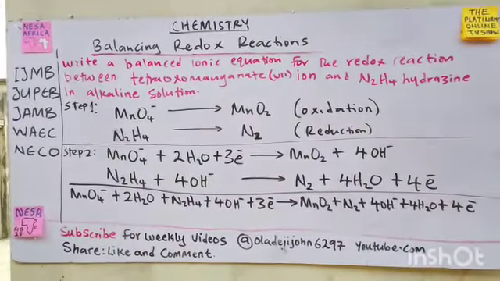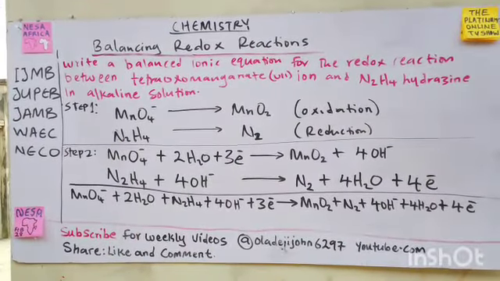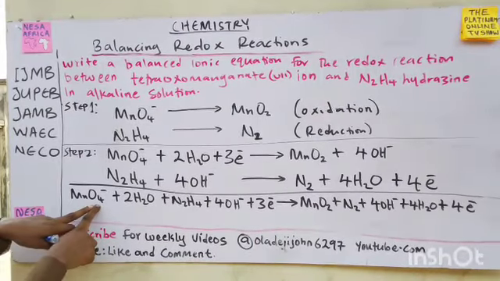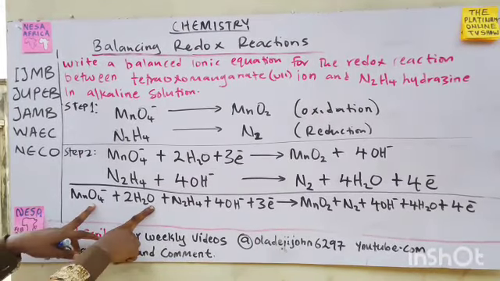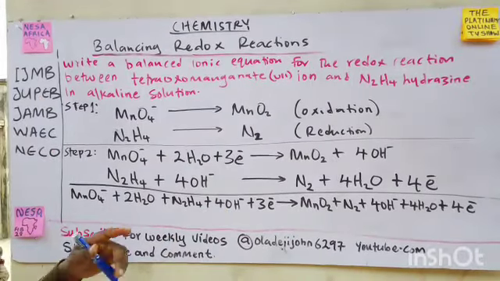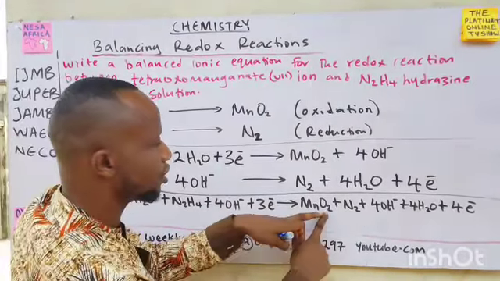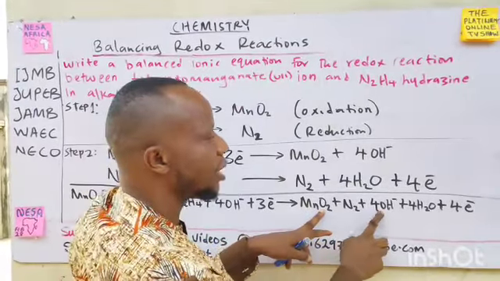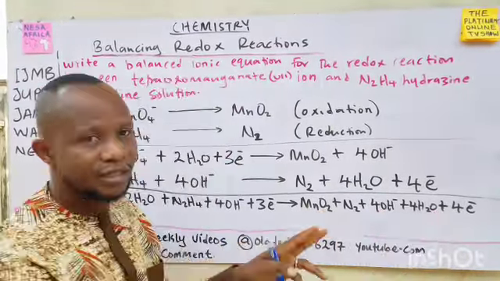Now let's count and see how balanced our equation is. Manganese 1. Oxygen is 4 here plus 2, this is 6, plus 4, oxygen is 10. Let's find out here: 2 oxygen here, 4 oxygen here, that's 6, plus 4 oxygen here, 10.